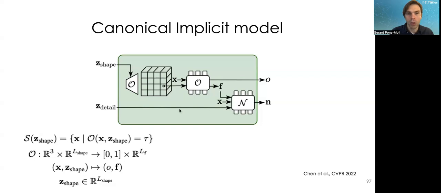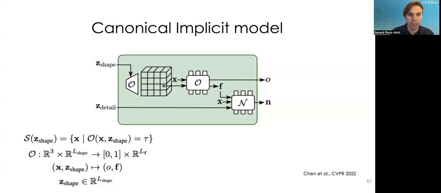This normal module is also a function of this latent code, which is responsible for modeling the detail. Altogether, the shape is represented as an implicit surface, because it's all the points X that satisfy that the occupancy is at the threshold tau, which would be 0.5, and the occupancy field is mapping between 0 and 1, 0 being inside typically, and 1 being outside.